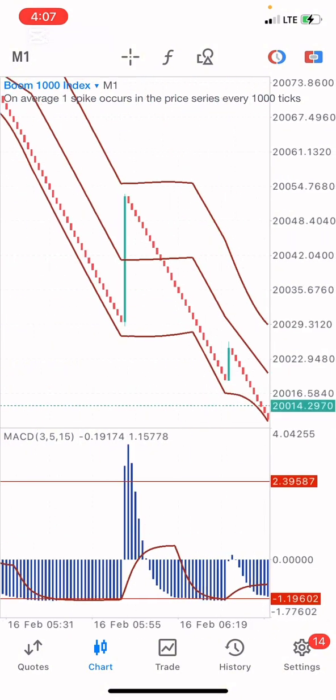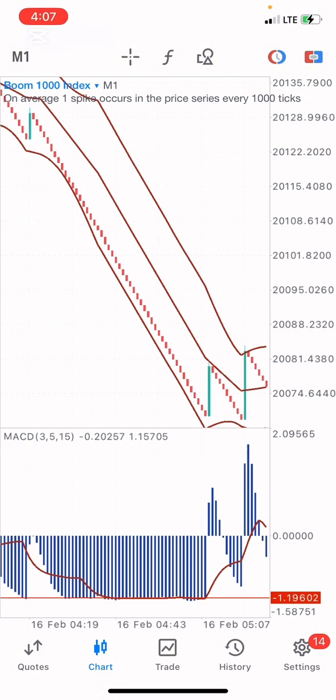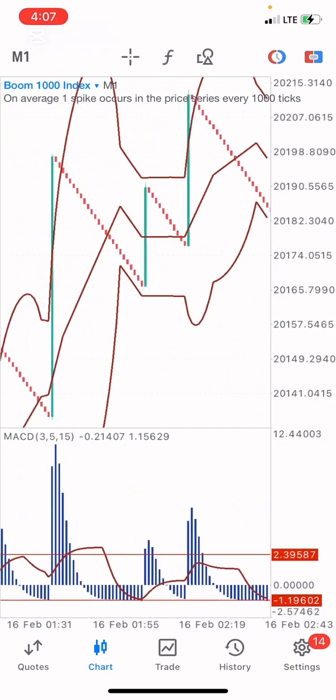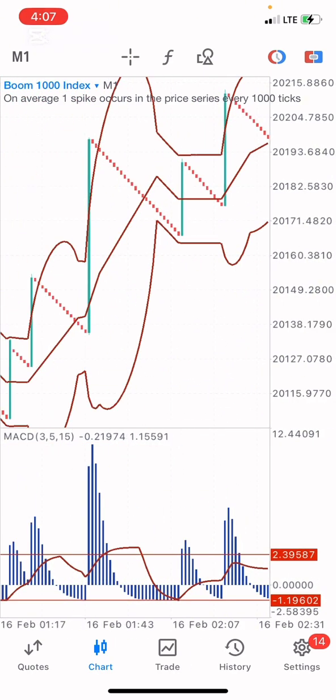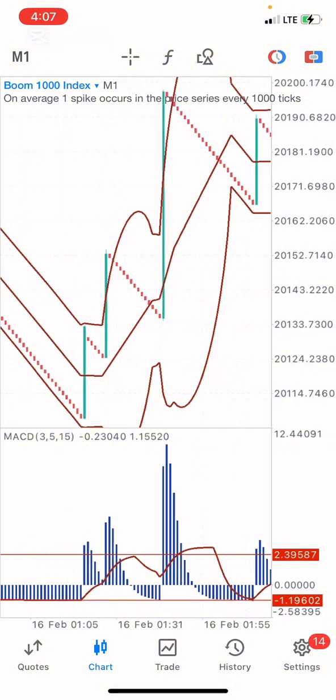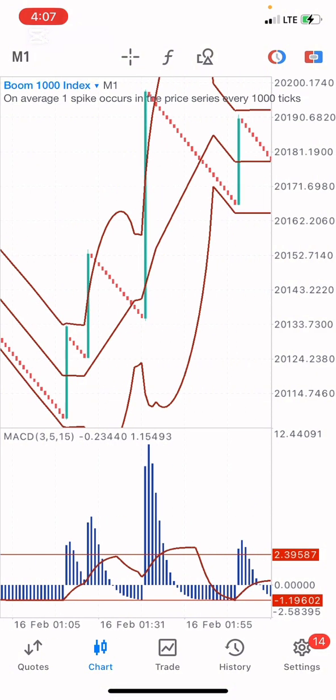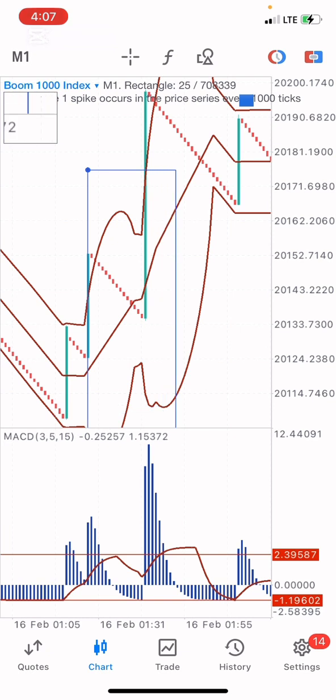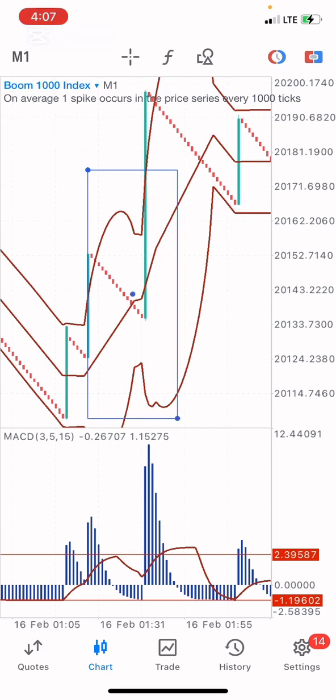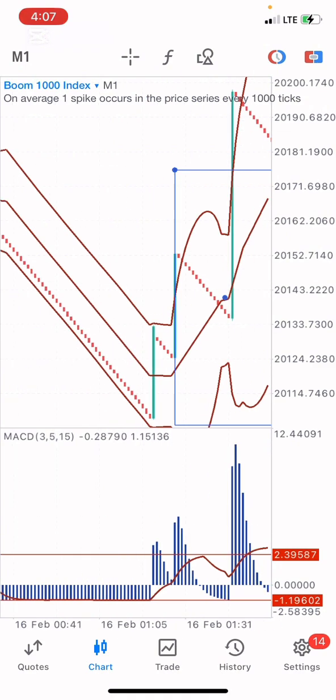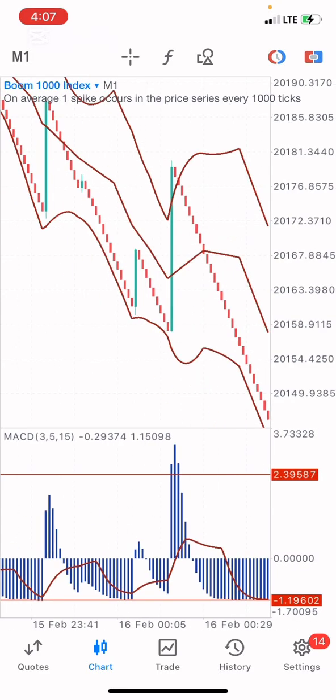Let me show you areas where the middle and lower bands are below price. You can see at this area that price was riding above the two Bollinger Band regions, the middle and the lower one, right? That means an uptrend. That means you see more spikes at that point, right?